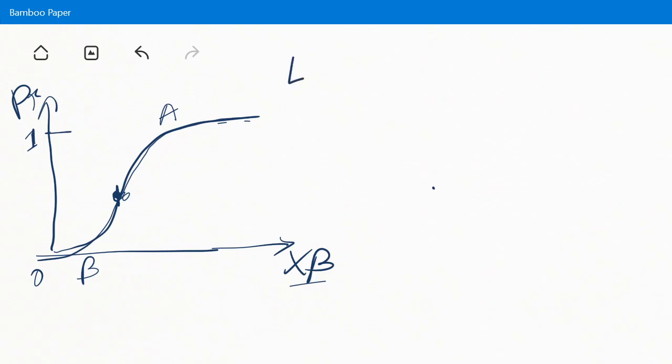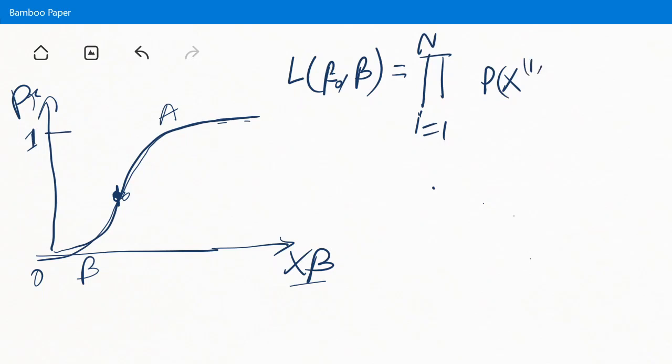We can write the likelihood function of beta naught, betas as the product over all the training examples of the probabilities of both classes, which we can write as probability of x for training example i to the power y i, the actual class of training example i, times the probability of the other class, to the power 1 minus y i.